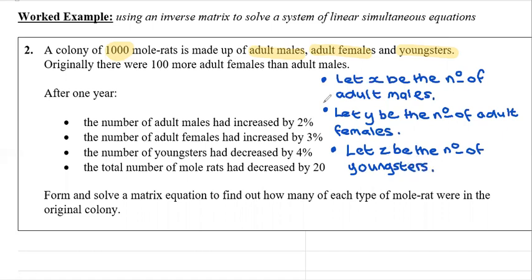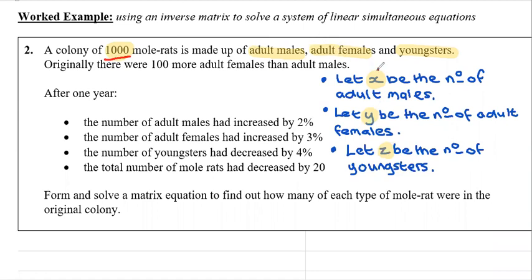All right, so we've defined the three variables. So we've got X, Y, and Z. And we can now set up three equations based on the information that's been presented. So if we look at the first sentence, we're told straight away there is a colony of 1,000 mole rats, which comprises the adult males, adult females, and youngsters.